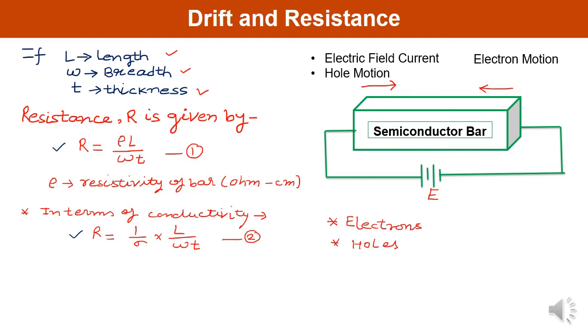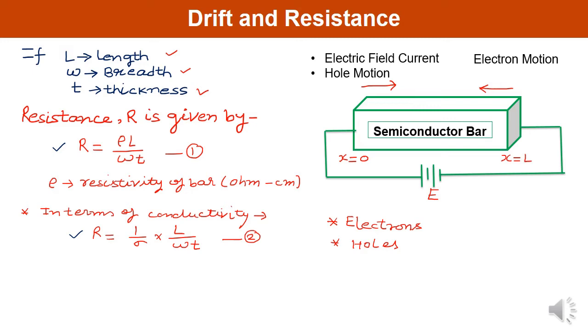Let us now consider the nature of electron and hole flow at the contacts and in the external circuit. Let us represent the left end of the bar as x is equal to 0 and the right end of the bar as x is equal to L. This L is the length of the bar.